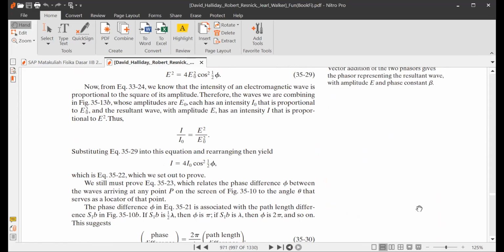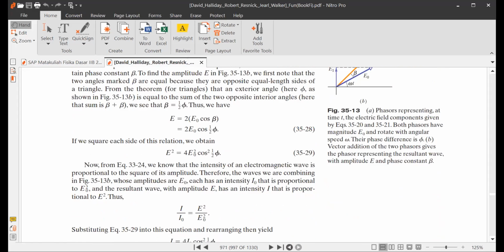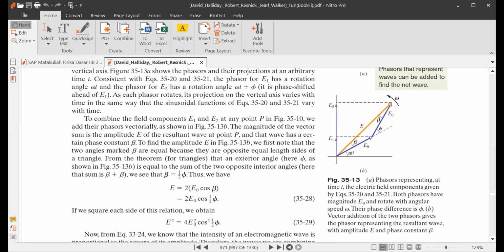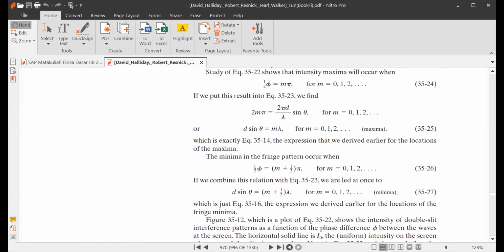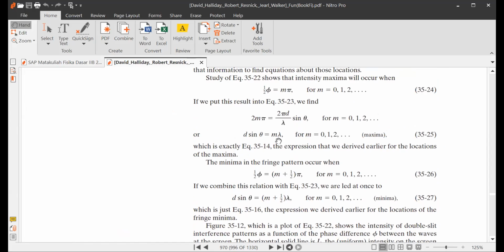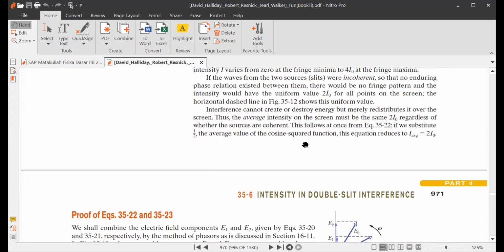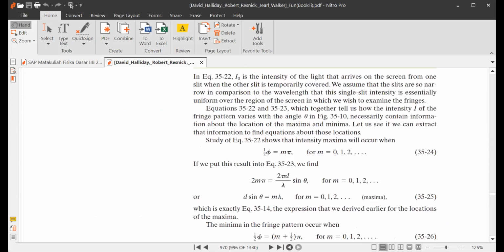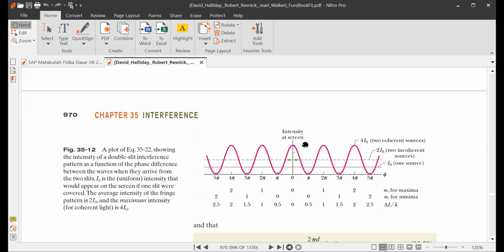So this I0 is the maximum, the zeroth order. Zeroth order means that this m here, m equals 0. So basically, this is the main bright fringe.